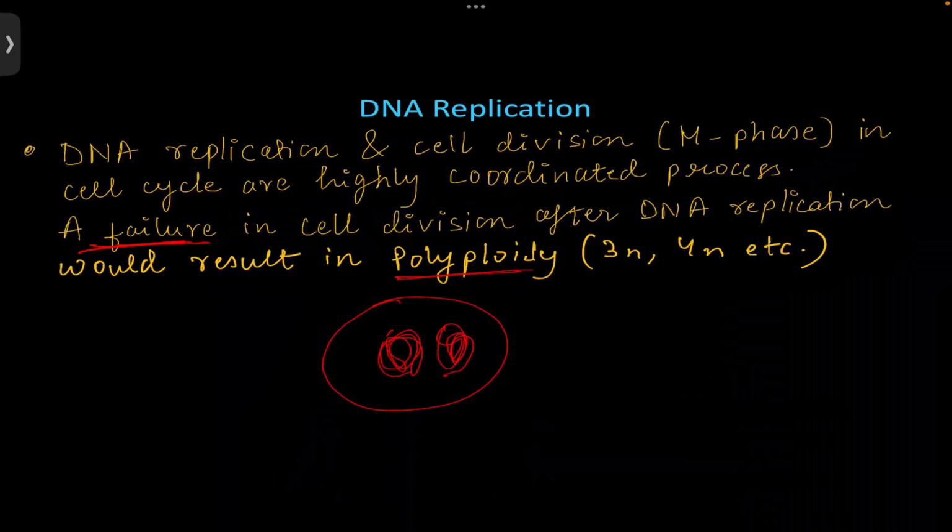And yes, something like polyploidy shouldn't happen. So if any of you decide to study or opt for a field like biotechnology, there you will read courses where your professors will teach the DNA replication process in more detail. But for now, this is enough for your exams, your board exams and your NEET.